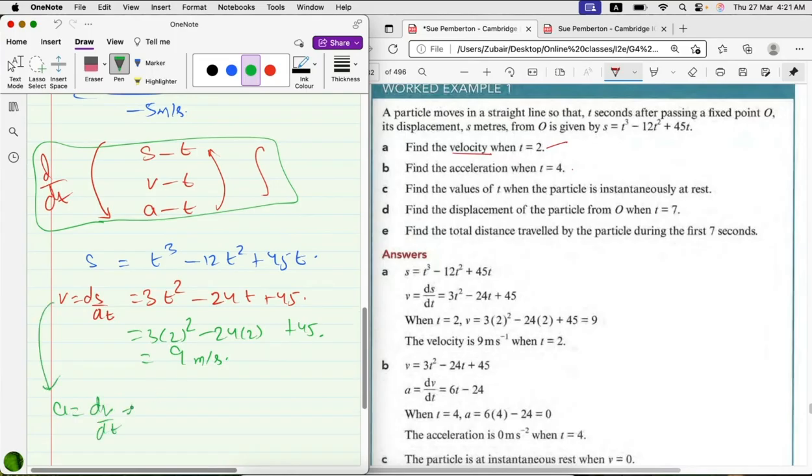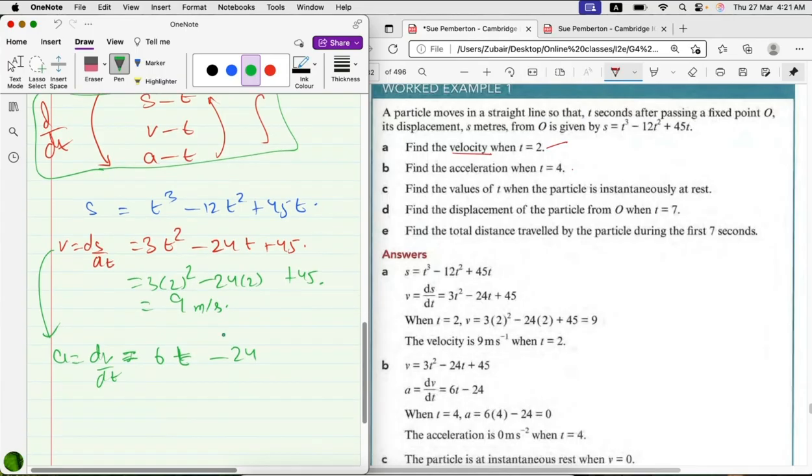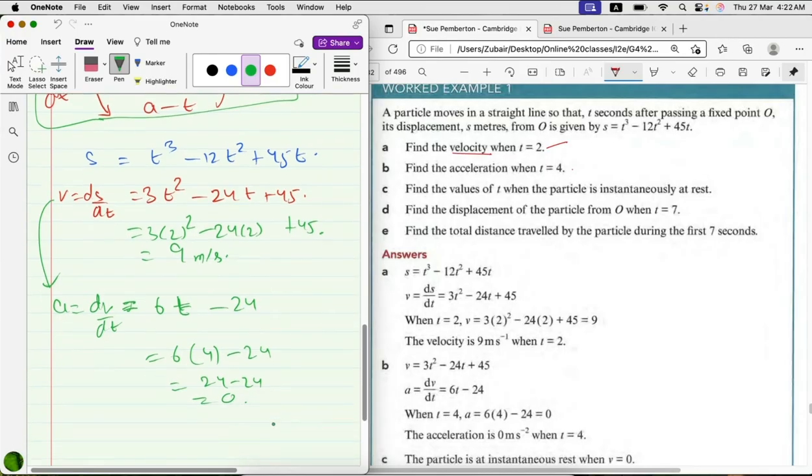The differentiation of 3t squared is 6t, and then minus 24. The question was to find the acceleration when t is equal to 4. So 6 times 4 is 24, minus 24 is equal to 0. At time 4, acceleration is 0.